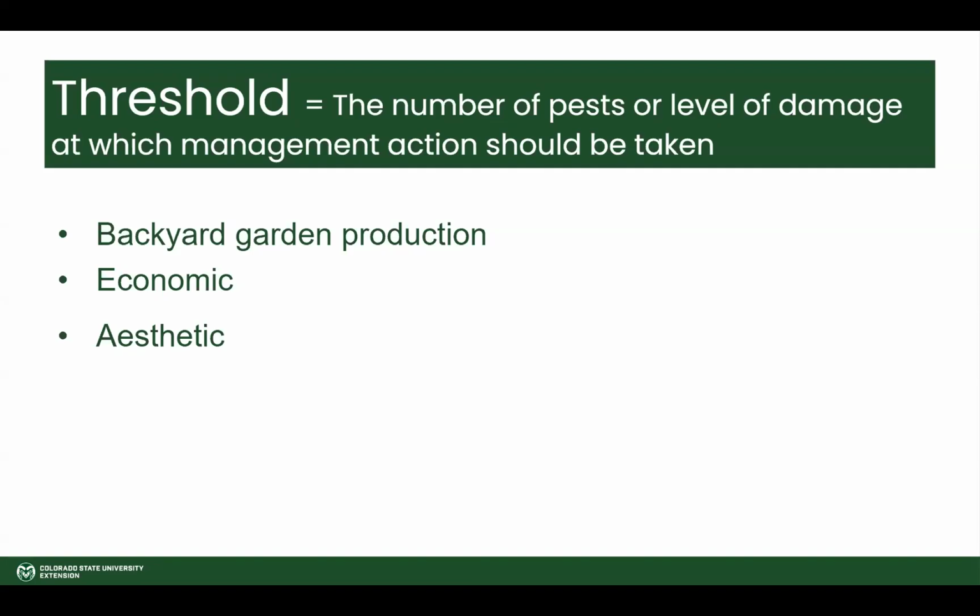And that is going to be something that helps large scale producers anticipate when they need to start taking different management strategy steps. For you as a home gardener, though, that might not be something that you need to do or that you're interested in doing.